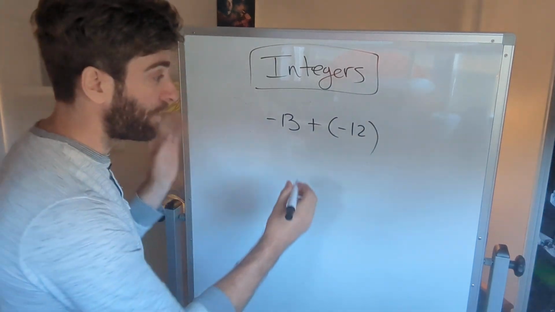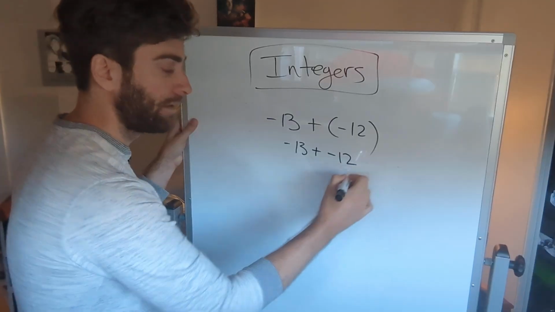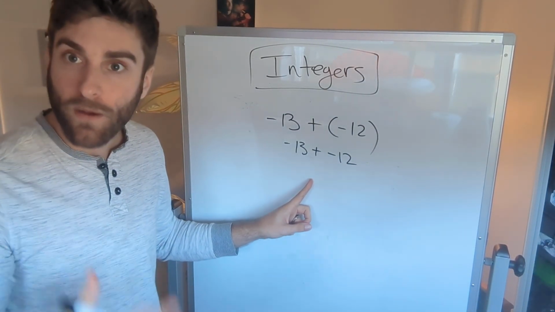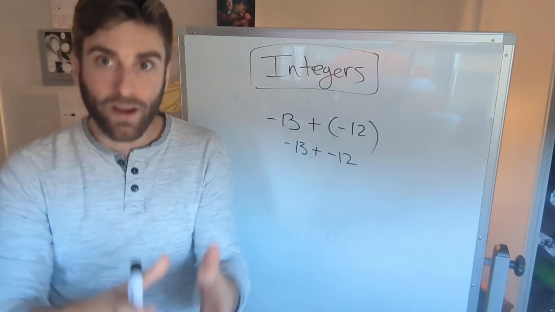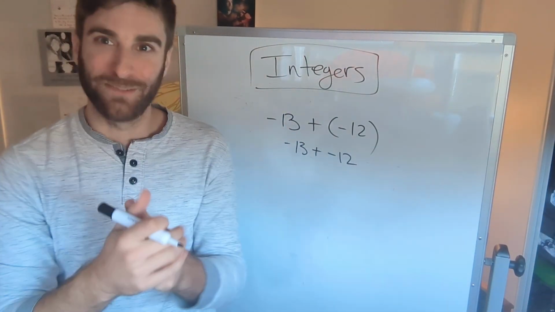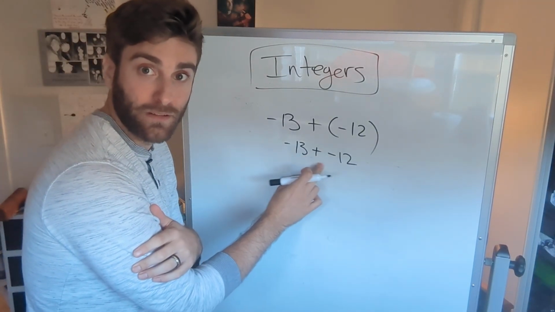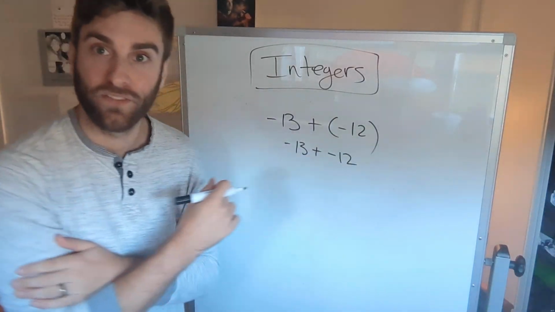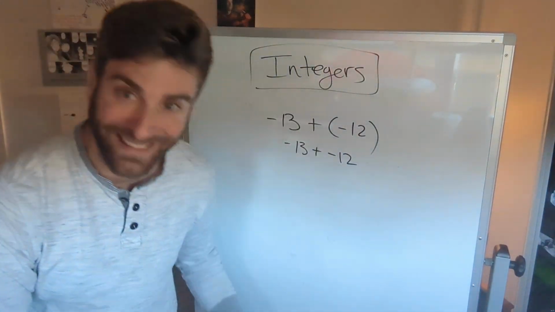If we didn't have it, it would look like this. And that's a little confusing. We don't know where the number is, where the operation is. Determining where each of those is important. It's -13 plus -12. That's why I put the parentheses around that, to show that that's the number, -12.